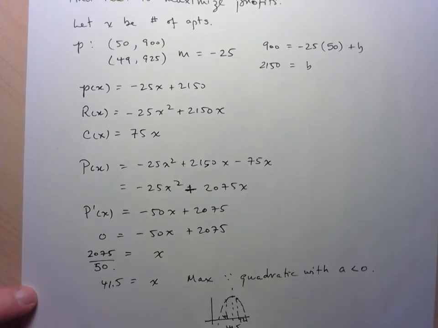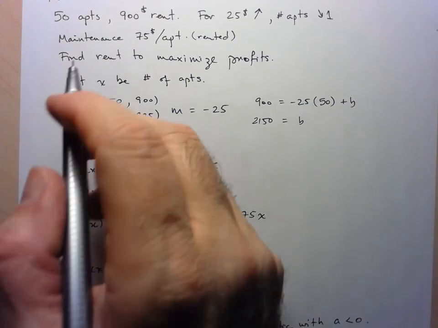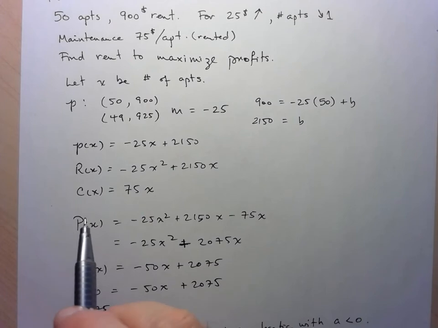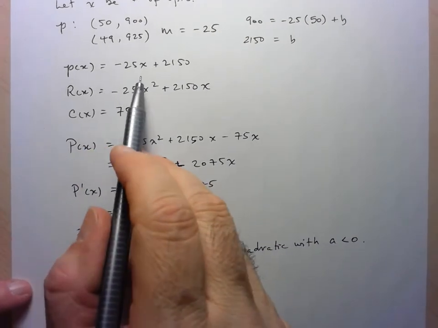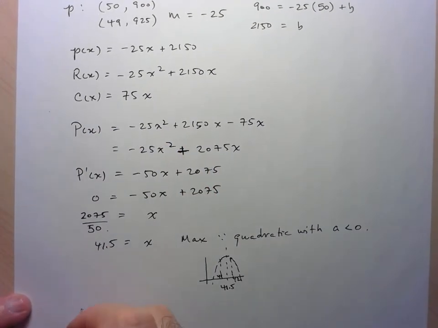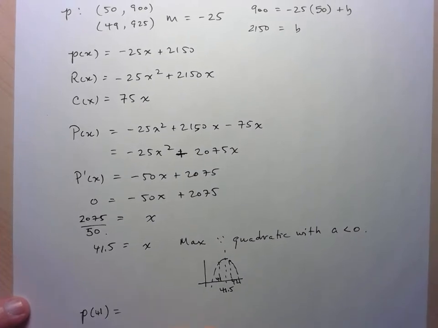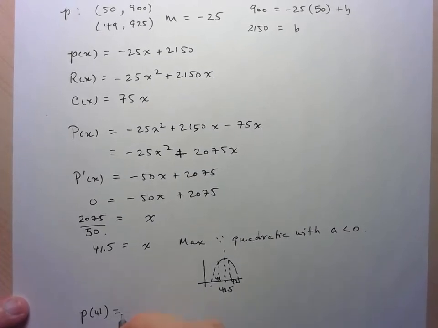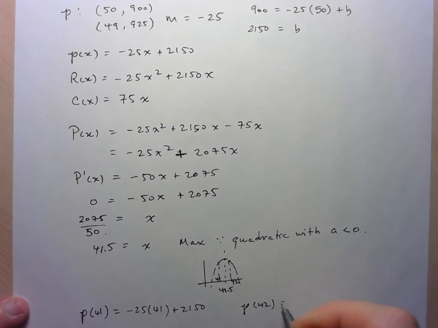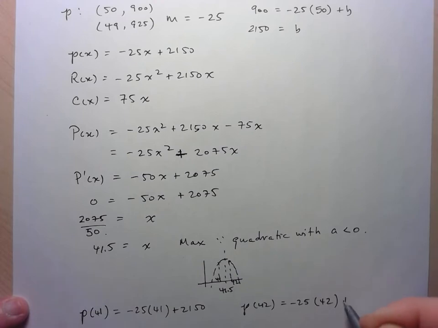Now I have to go back and see what they were actually asking me, and what they want is the rent to maximize these profits. So I'm going to have to use my price function. If I check the price at 41, we have negative 25 times 41 plus 2150, or the price at 42, negative 25 times 42 plus 2150.